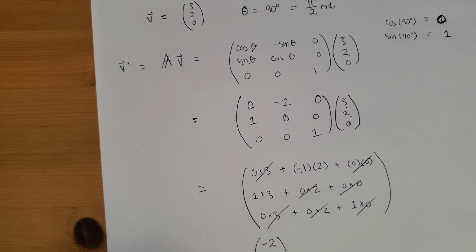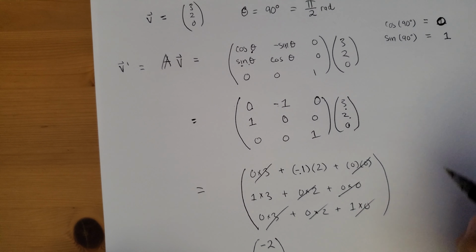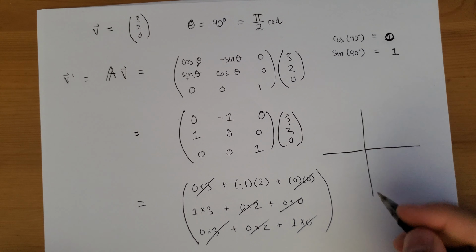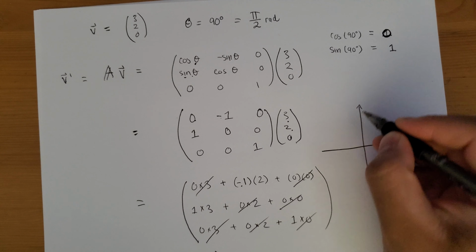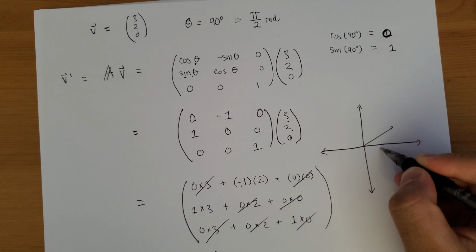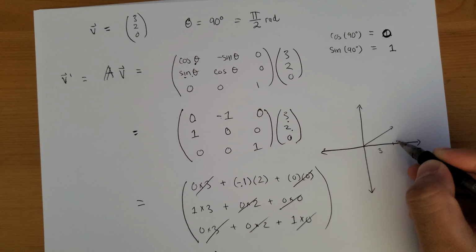This essentially tells us that if we have our xy axis, our first vector was 3 going in the x direction and 2 going in the y direction.